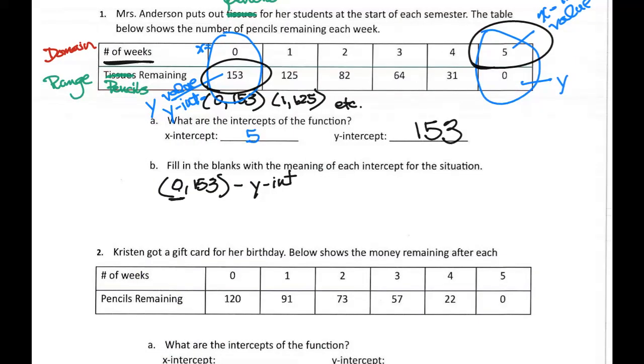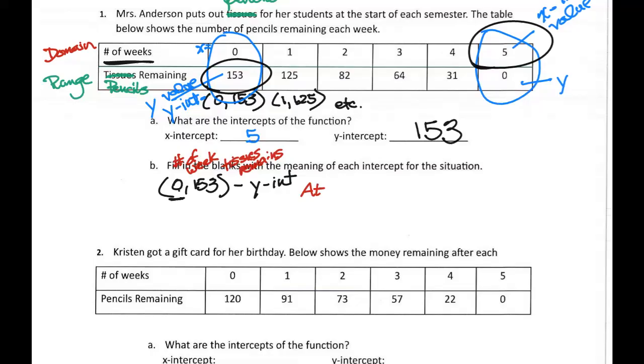So right here, this is your number of weeks, and this is your tissues remaining. You can label those. So when it says, what's the description?